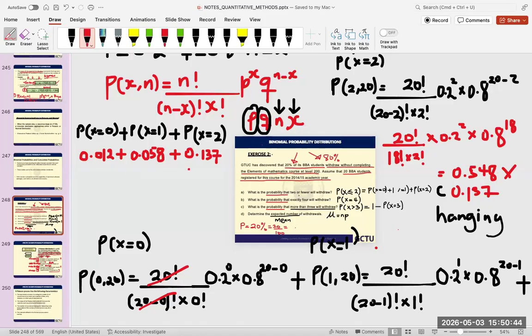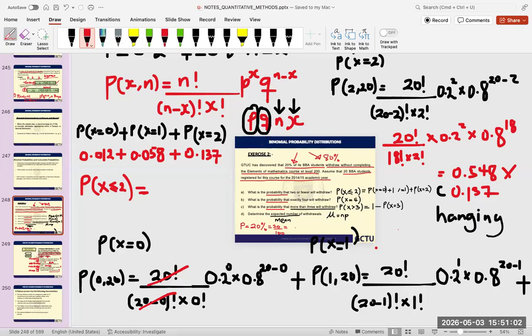So now let's put all together to find the actual probability the question was looking for. Probability of x lower than or equal to 2. We are putting all together now.